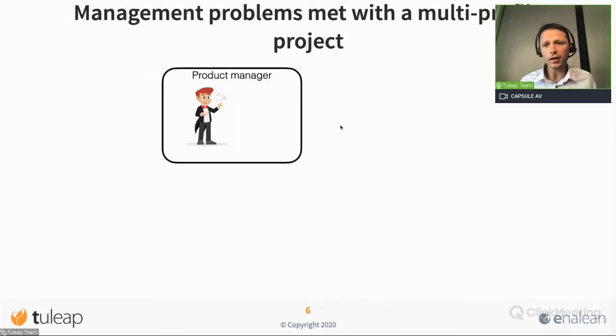So what we met when we started with them to put Tuleap on this R&D team, we had the product manager. The product manager, before, created his management. He had some system specification, system requirements, and these requirements were sent to his several teams. And after, each team had to create their own requirements and manage them with their own tool.